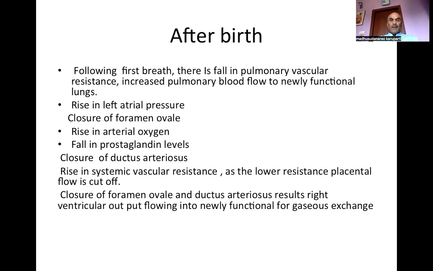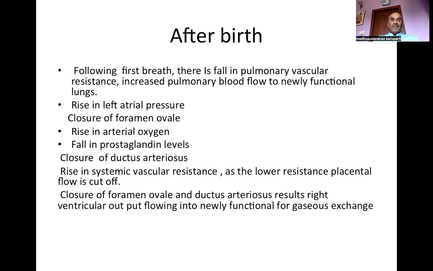That results in increased blood flow from the right ventricle into the pulmonary circulation, and there is increased venous return into the left atrium, and left atrial pressure rises. It results in the closure of the foramen ovale. This is the functional closure of the foramen ovale.